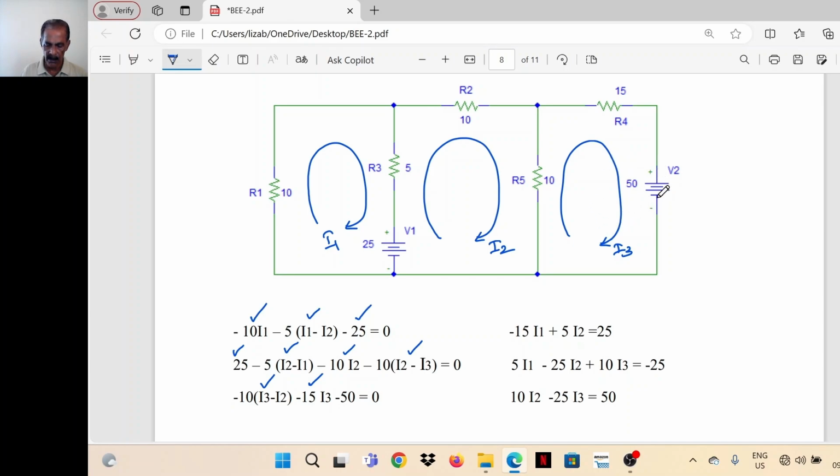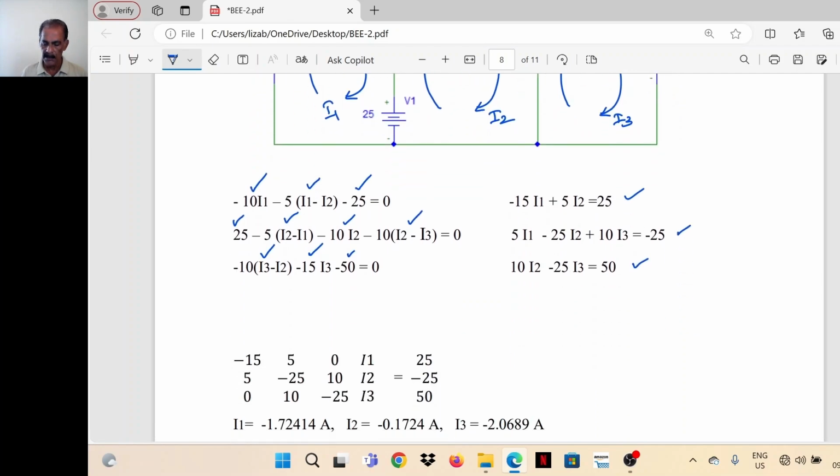This 50 is a fallen potential, minus 50. So the first equation simplifies to minus 15 I1 plus 5 I2 is equal to 25. The second equation simplifies to minus 5 I1 minus 25 I2 plus 10 I3 is minus 25. The third equation simplifies to 10 I3 minus 10 I2 minus 25 I3 is 50.